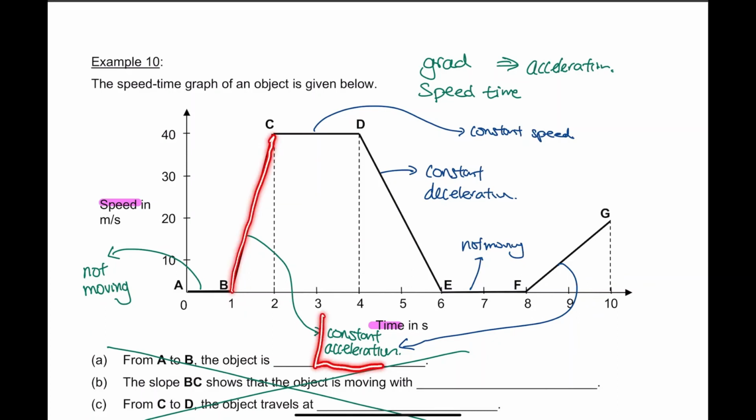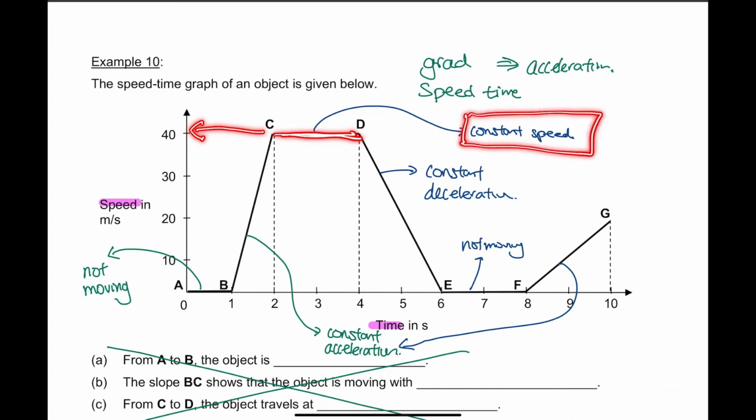So therefore it tells me that it is moving with constant acceleration. The line CD down here, the gradient is 0. That means there is no acceleration, but because there is a speed here of 40 meter per second, it indicates to me that it is moving with a constant speed. It does not change its speed, but it's just moving.